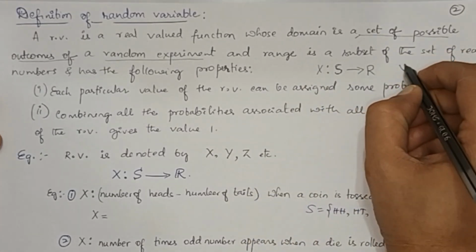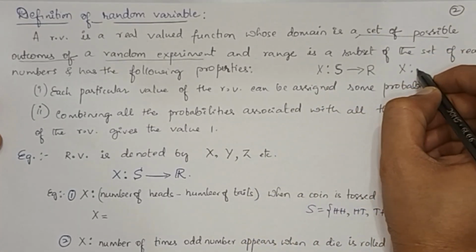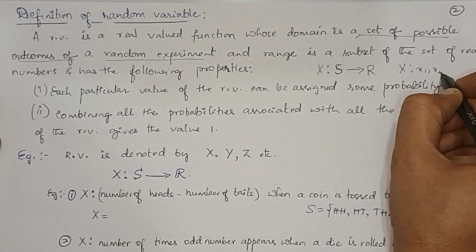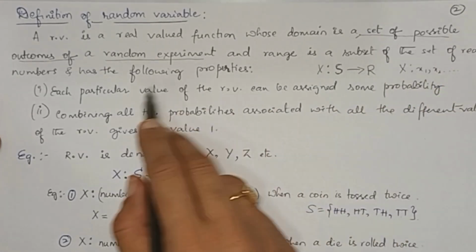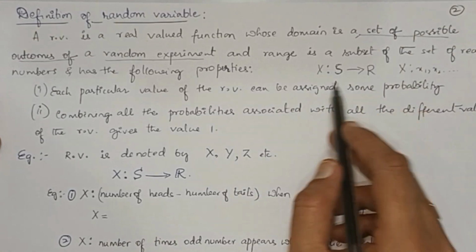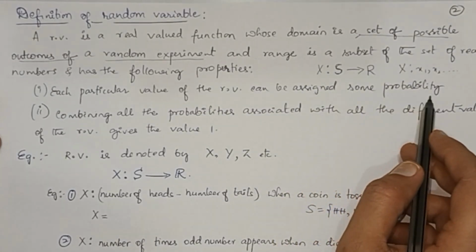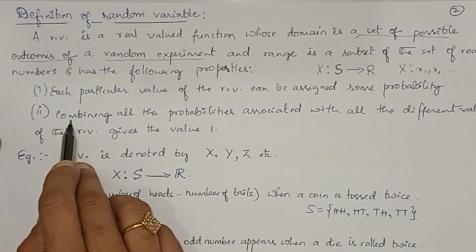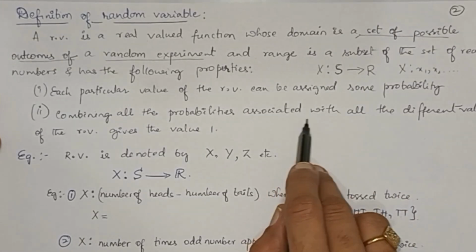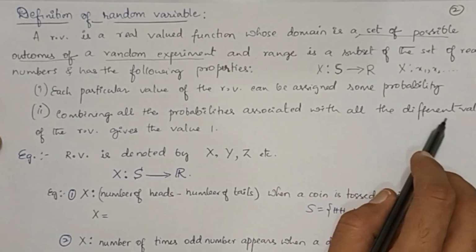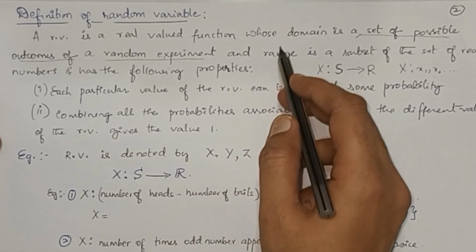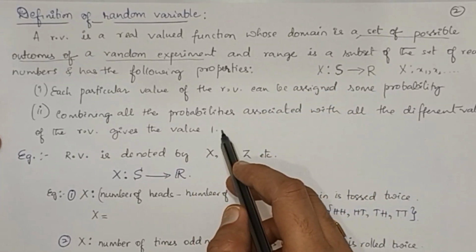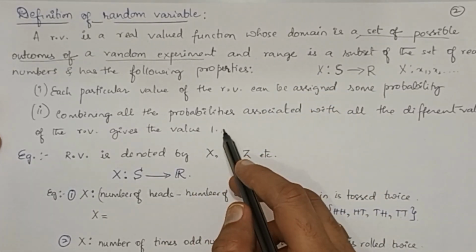So X is the random variable and it takes values x1, x2, and so on up to xn. Each particular value of the random variable can be assigned some probability. Combining all the probabilities associated with all different values of the random variable gives the value 1. So this is the formal definition of a random variable, the mathematical definition.